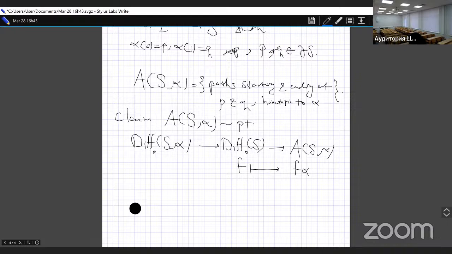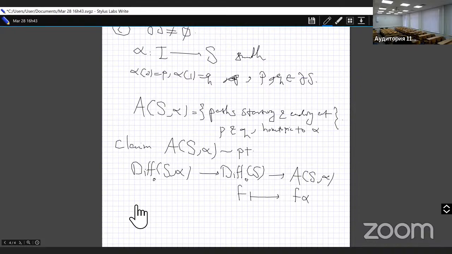Does this mean diffeomorphisms which preserve all elements of just the path alpha? Does this mean that F preserves all elements in the image of alpha? Yeah.